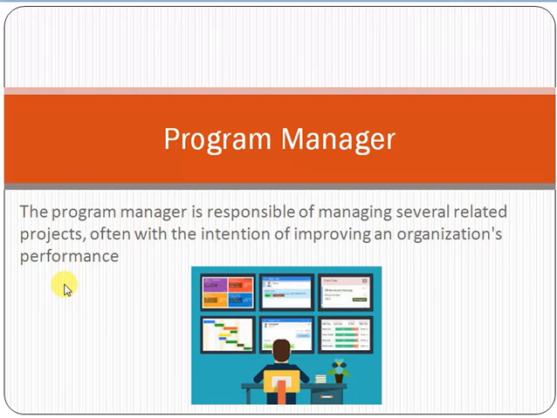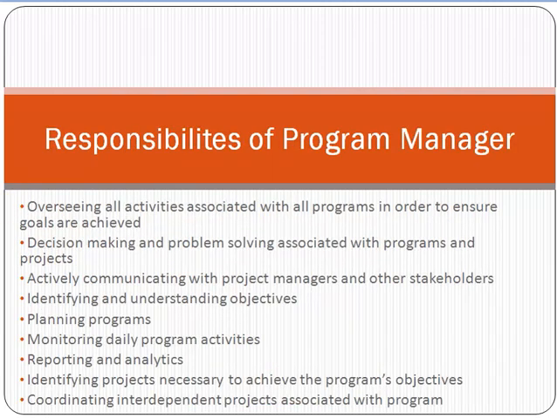Interrelated projects means that we are doing, for example, 5 projects, and the purpose of the 5 projects is the same, the objective and goal is the same, and resources can be shared, budget can be shared. So the projects are interrelated. The person managing interrelated projects having the same objective and goal is called a program manager.